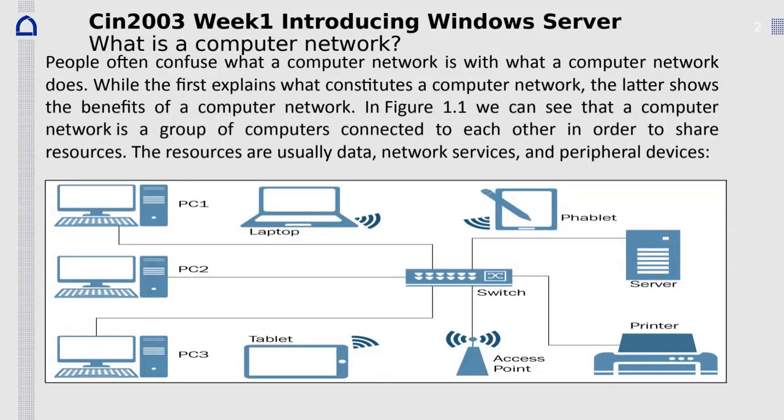So we have the components of the computer network, and we have the benefits. The benefit is we can share resources, okay? Maybe for backup, to centralize administration, for security, okay?